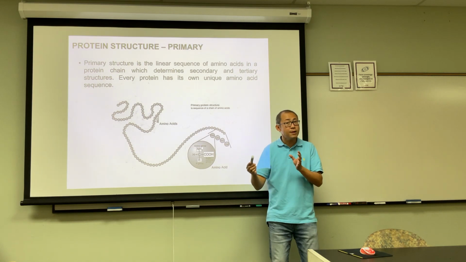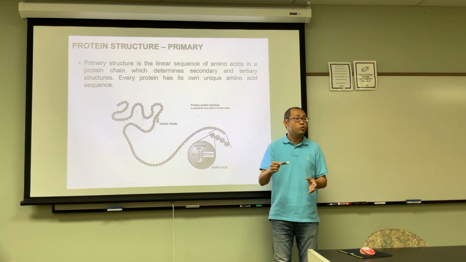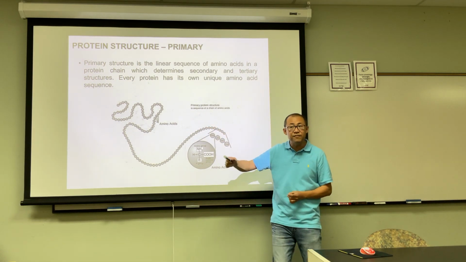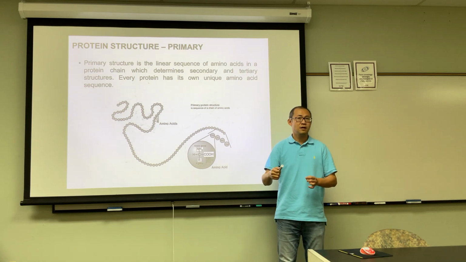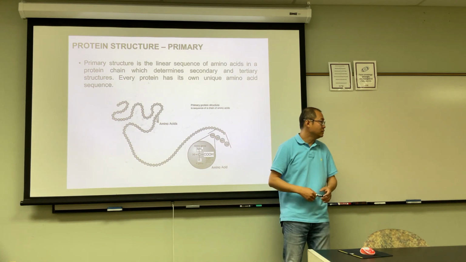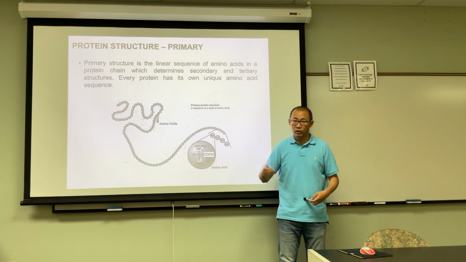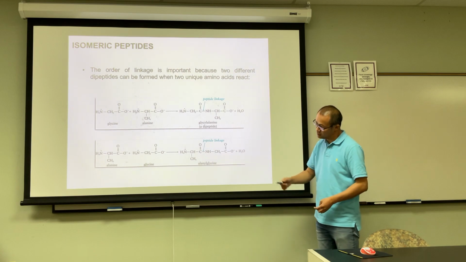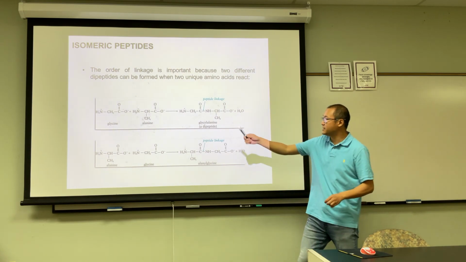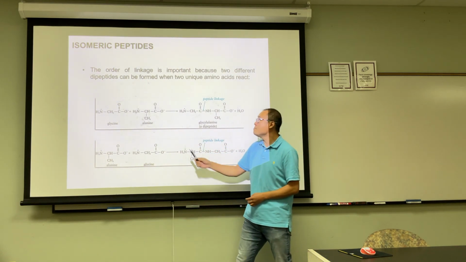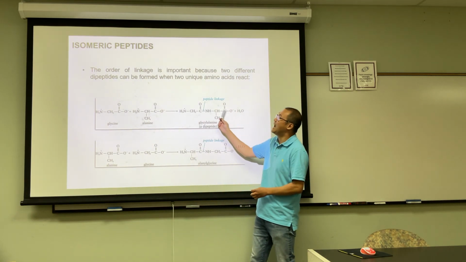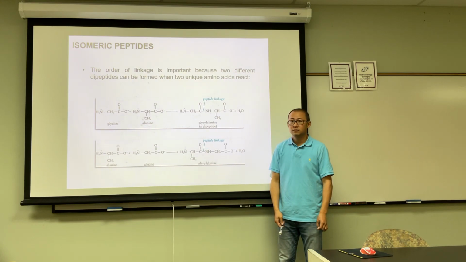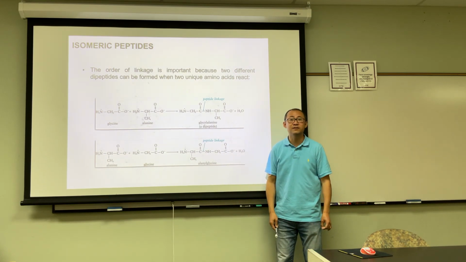Sequence is very important because the sequence of the amino acids, from the first one all the way to the last one, determines the following structure, determines how this chain is going to fold. I want to show you a very simple example to show why the sequence is important. Take a look at these two amino acids, glycine and alanine. When they make a peptide bond, they make a dipeptide, only two amino acids, not even a chain. There are two ways of doing that.